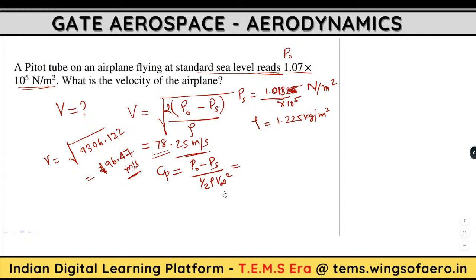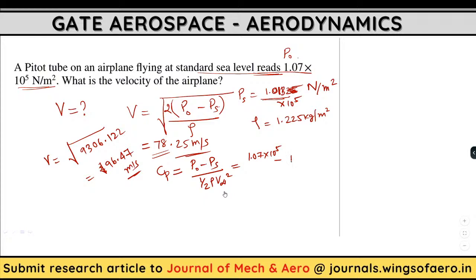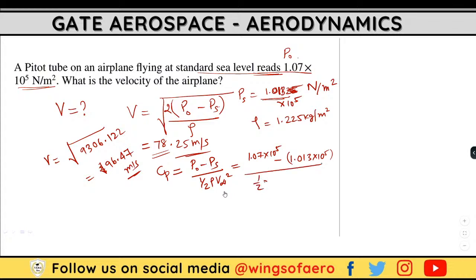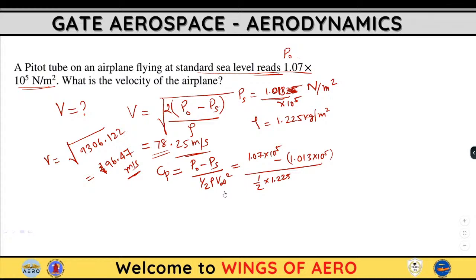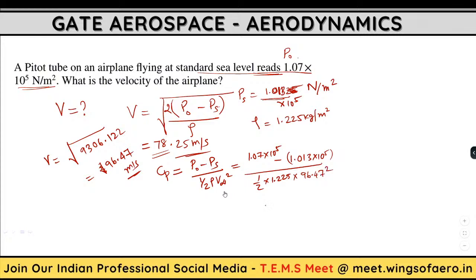P naught is 1.07 into 10 power 5, minus Ps is 1.013 into 10 power 5, over half into 1.5 into velocity 96.47 squared. Calculate and let me know what answer you're getting.